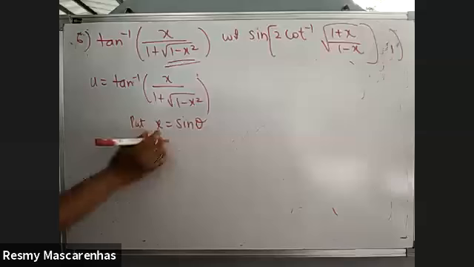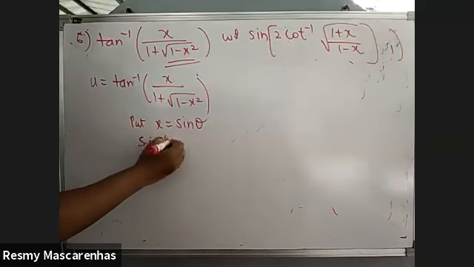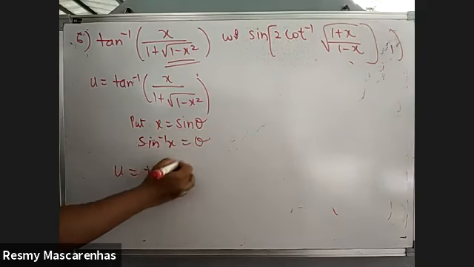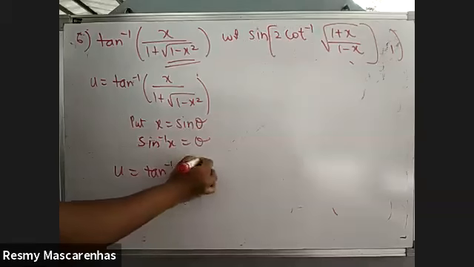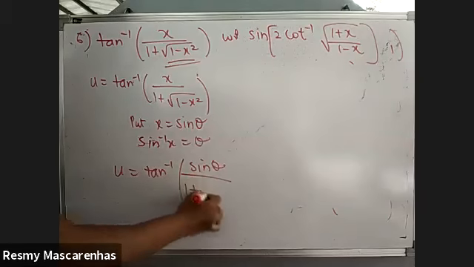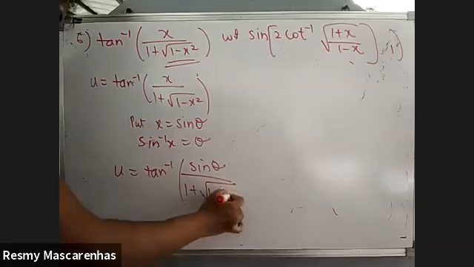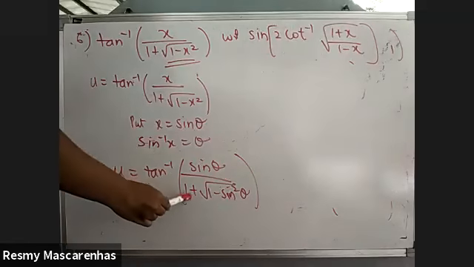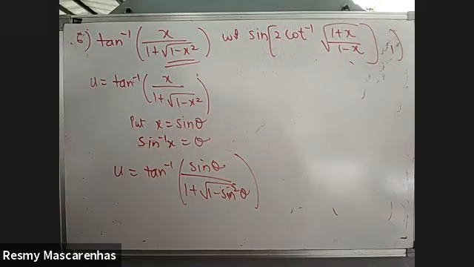Okay, for this substitution, theta will be sine inverse of x. So u will be tan inverse of sine theta upon root of 1 minus sine square theta. And then you all know 1 minus sine square theta is cos square theta. Then square and root will cancel. So what you'll get is 1 plus cos theta. Then use the formula for 1 plus cos theta.